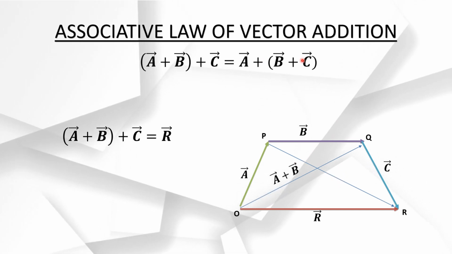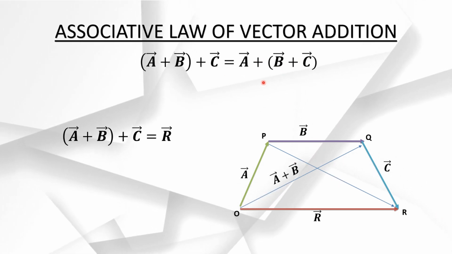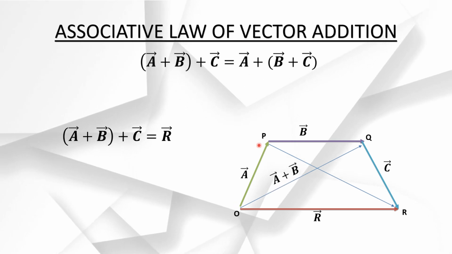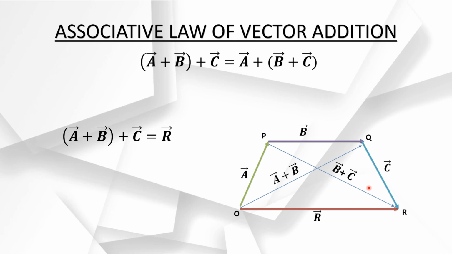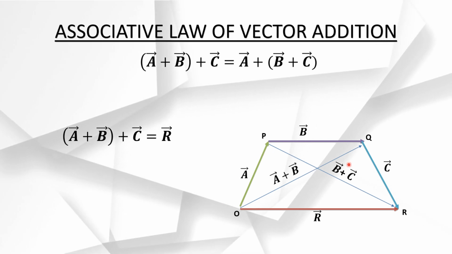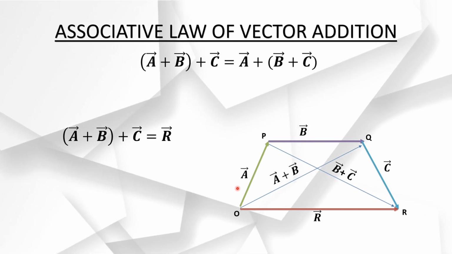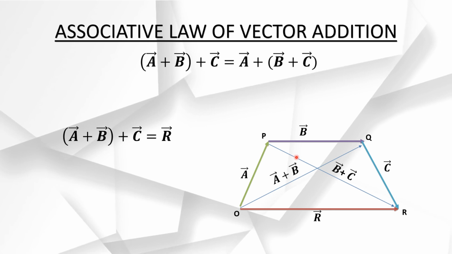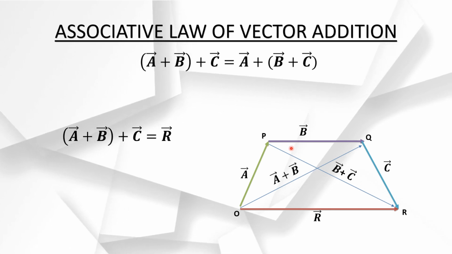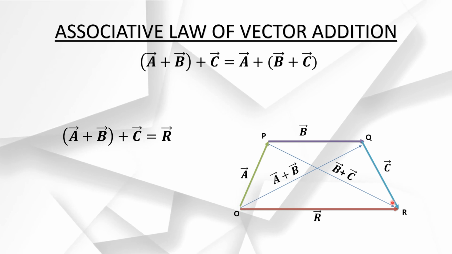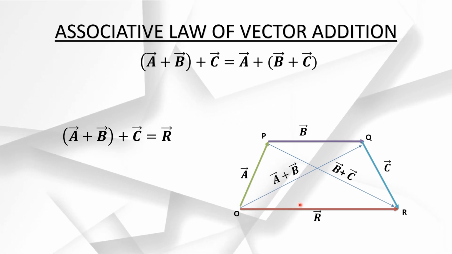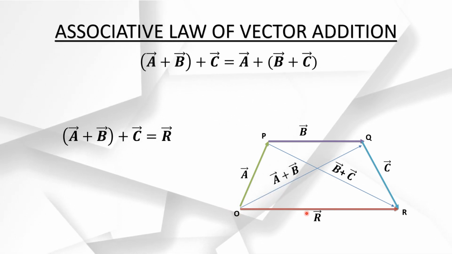If I add a to b plus c by the head to tail rule, you can see that the head of a is joined with the tail of b plus c, and the resultant is again the same, which is represented by OR. And how do we make this resultant? By joining the tail of the first vector to the head of the second vector, and this is represented by this equation.